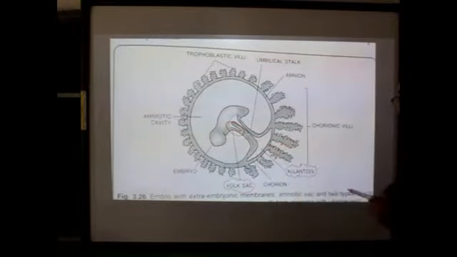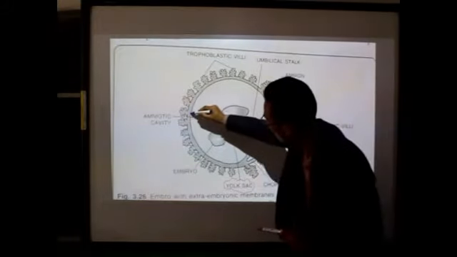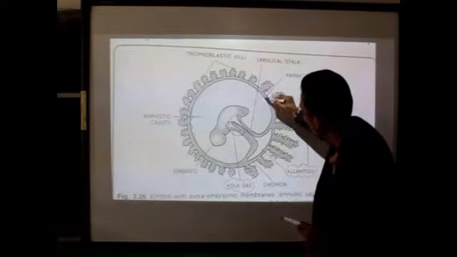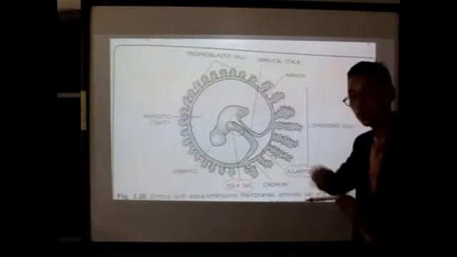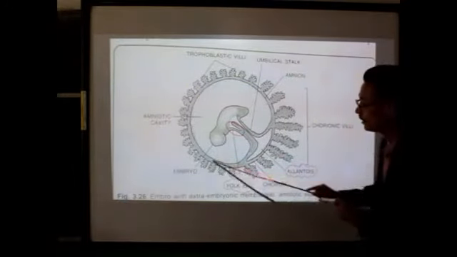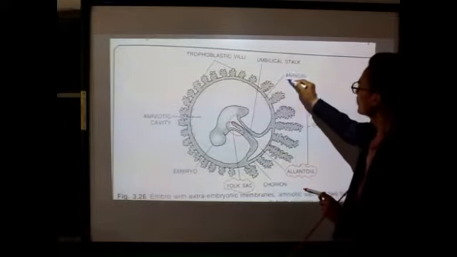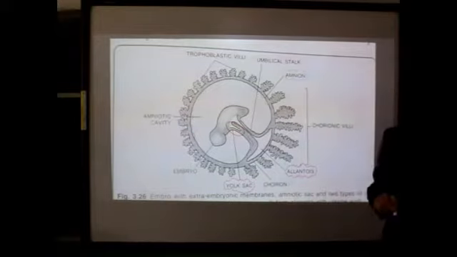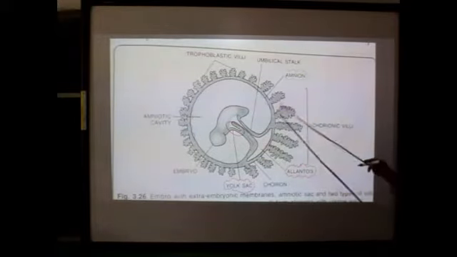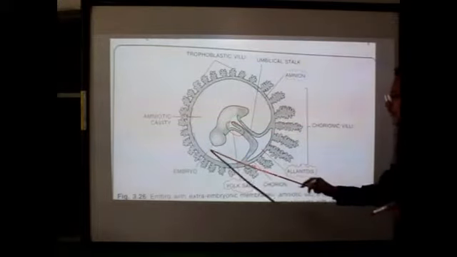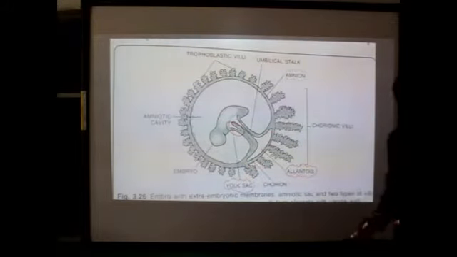Now, look over here, the entire embryo is surrounded by a thin layer. Can you see this layer? We are talking about this layer. The entire embryo is covered by a thin layer, and this layer is known as the amnion. So the amnion is a thin layer that completely surrounds the embryo.